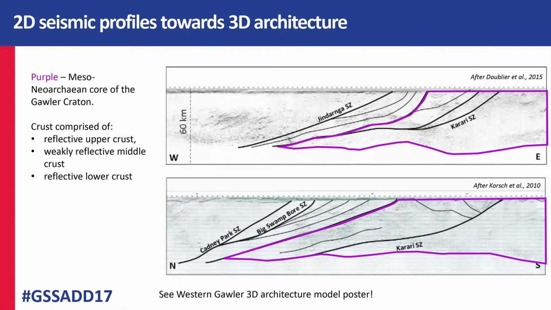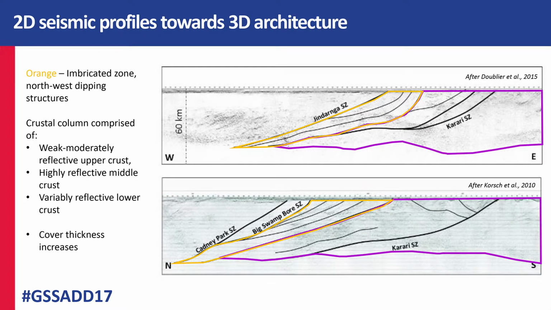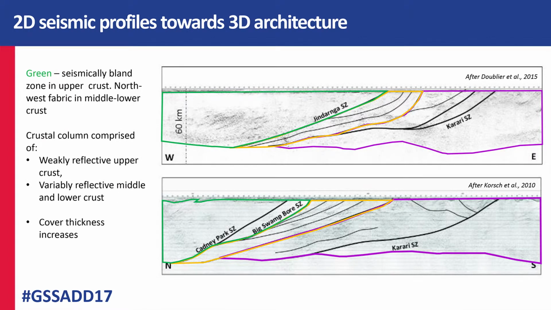Highlighted in the purple, we've got a fairly reflective upper crust associated with the core of the Gawler Craton. We've got a bunch of outward dipping structures which may indicate a reworked margin, and we've got a pretty bland non-reflective upper crust associated with something outboard.